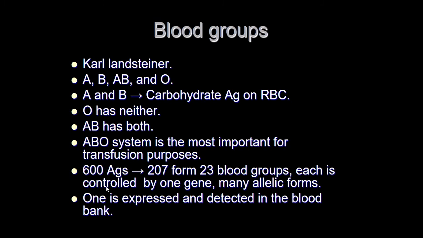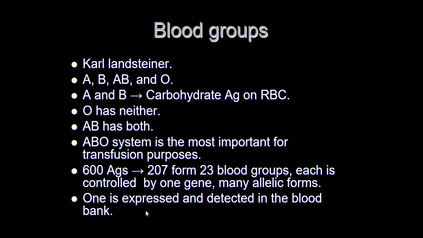Each is controlled by one gene, and then you could have alleles of these forms. So we'll say blood group A could have two alleles, A1 and A2, and the same thing for B: you could have B1 and B2, and the AB combination of those.